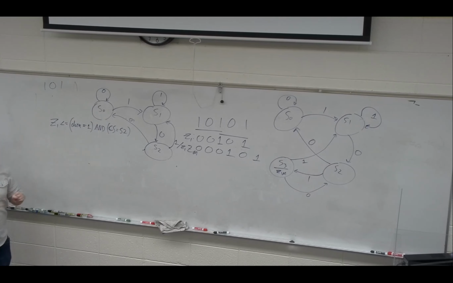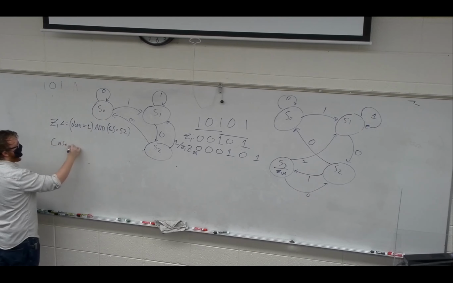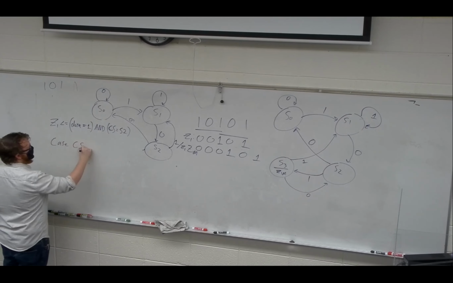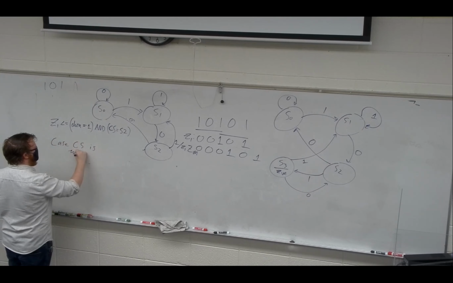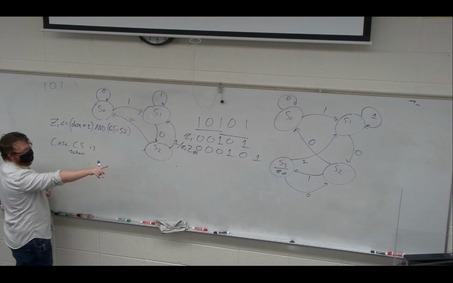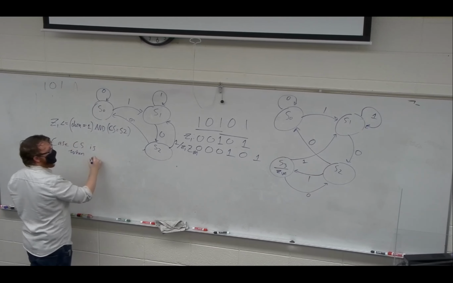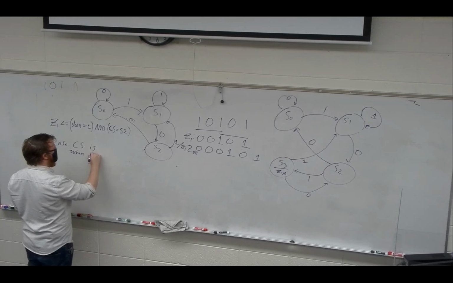Inside of the Moore state machine, I don't need to do that. I literally just have this structure, right? I have a case on CS, and I'll write the one for S3 at the moment.